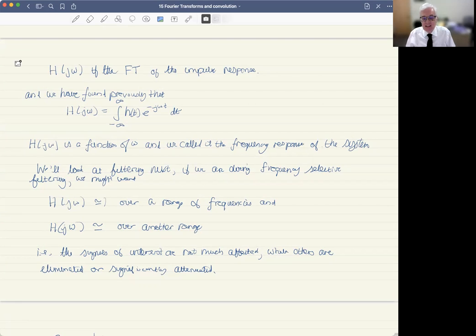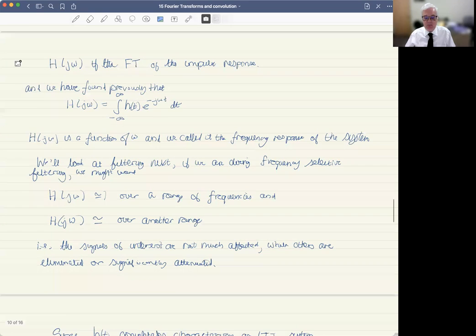The reason is that this allows us to not have the signal modified much in the range of interest, but to have it completely be 0 in the range of frequencies that we're not interested in. That's why the filter is called frequency selective.